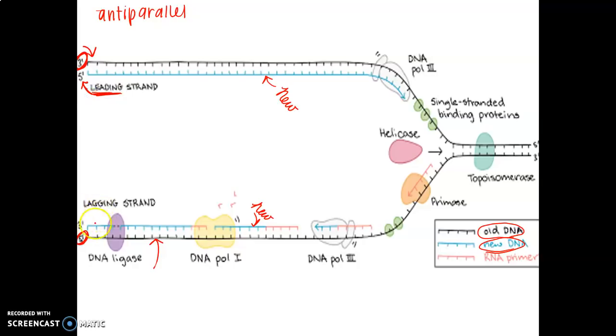And then down here, you can see that this old strand, this is the 5' end, and the new DNA strand starts with the 3', right? Because if this one is 5, then this one must be 3. So we call this guy the lagging strand because of that 3' end, but we'll talk about that in just a second.